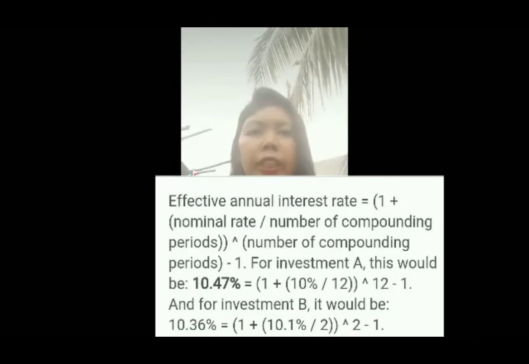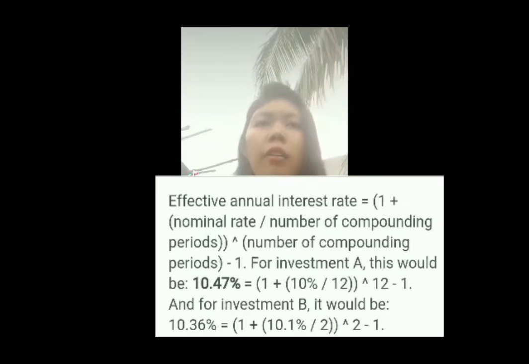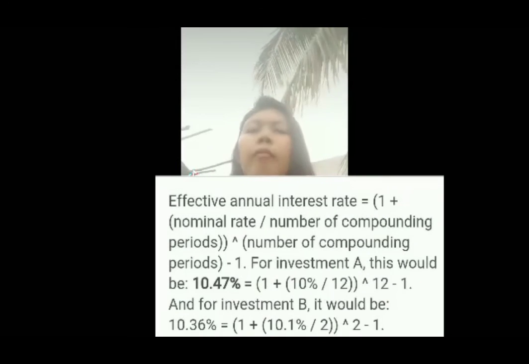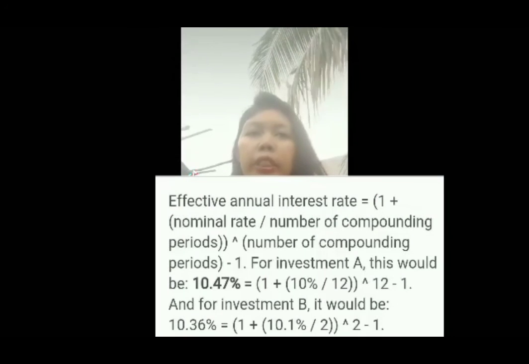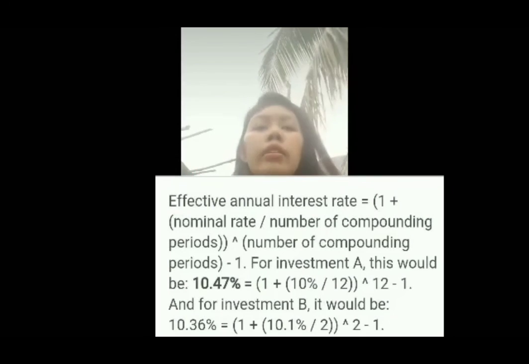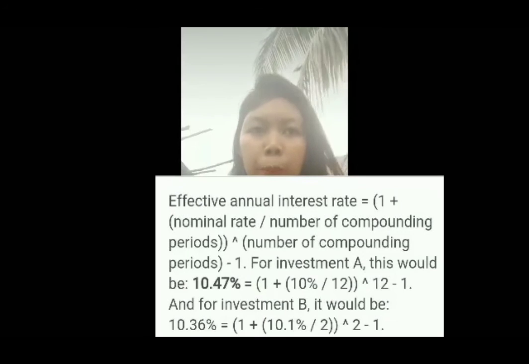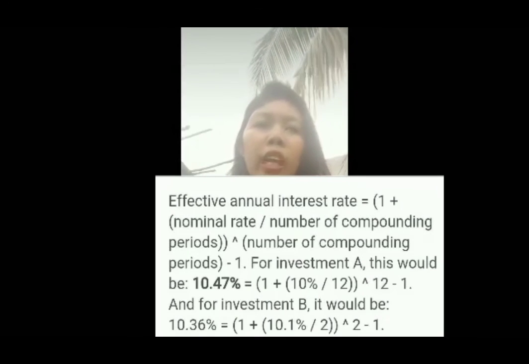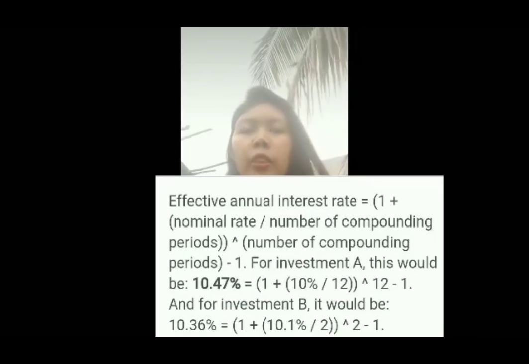So, I will give you an example of calculation of effective rate. Effective annual interest rate is 1 plus the nominal rate over the number of compounding periods, raised to the number of compounding periods, minus 1.